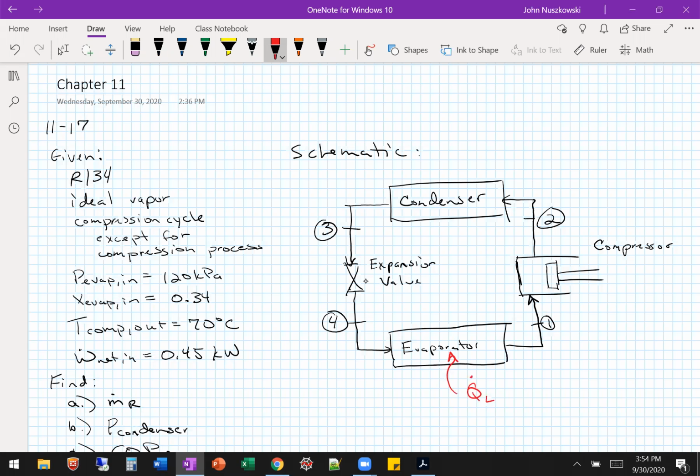Coming into our evaporator is our refrigerant at a lower temperature, and we're evaporating that fluid. The condenser is rejecting heat, so we're condensing the refrigerant going through it. And then we're putting in work here, right? So there's only work in on the compressor. There's no work out because the expansion valve doesn't have any work.